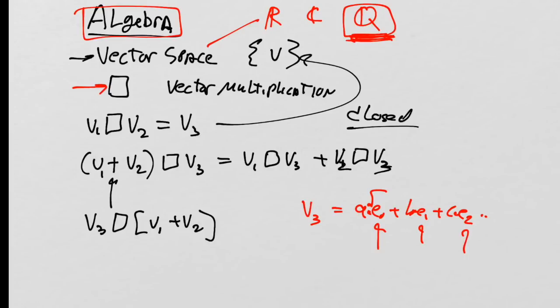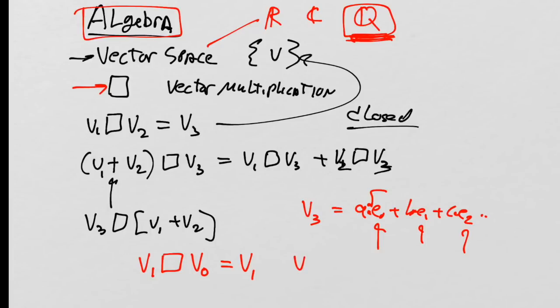They form an algebra. Now you'll notice in the general algebra, I never said that there had to be a special vector, I'll call it, say, V0, such that the vector multiplication is always equal to V1 when multiplied by V0. In other words, I never said that there had to be a vector multiplication identity element.